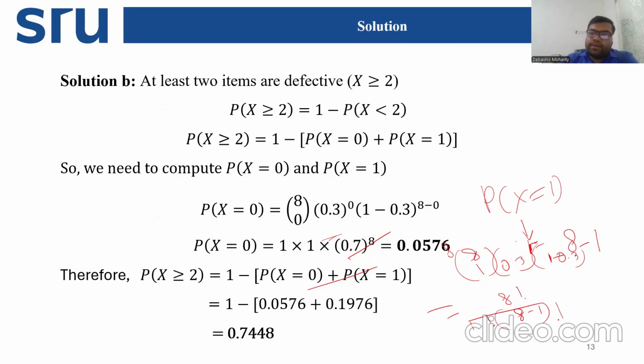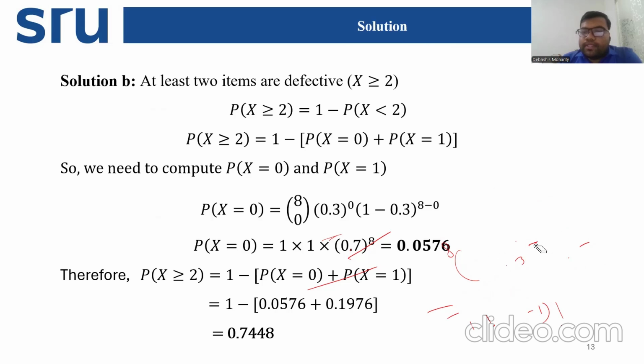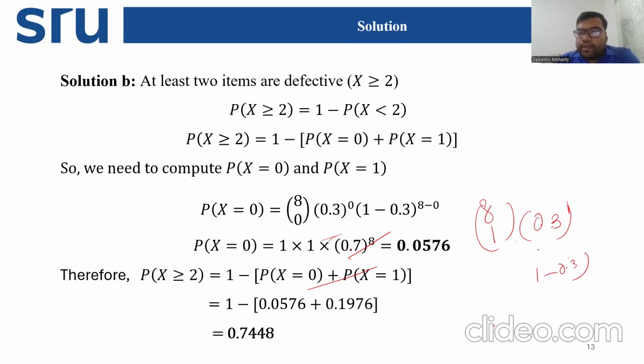Okay, students. Next we will see what we get. I am writing this: 8C1 times 0.3 to the power 1 times 1 minus 0.3 to the power 8 minus 1.